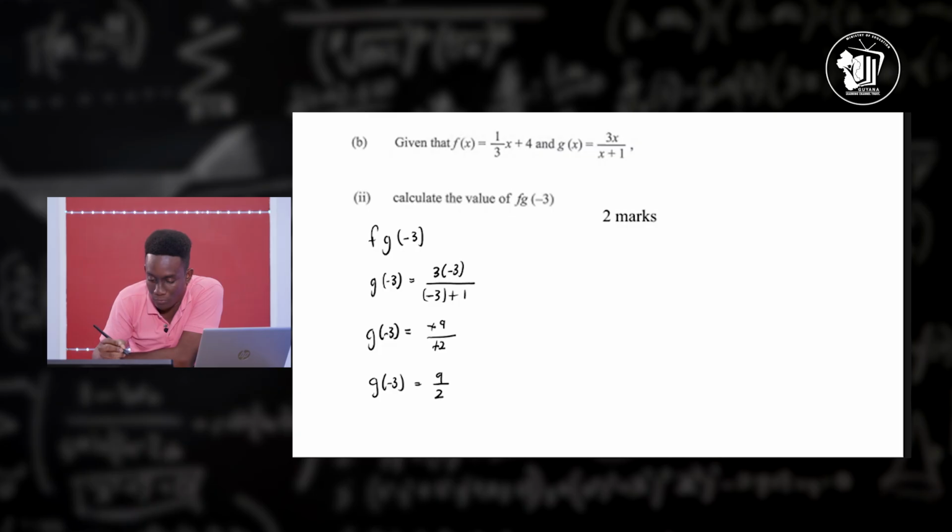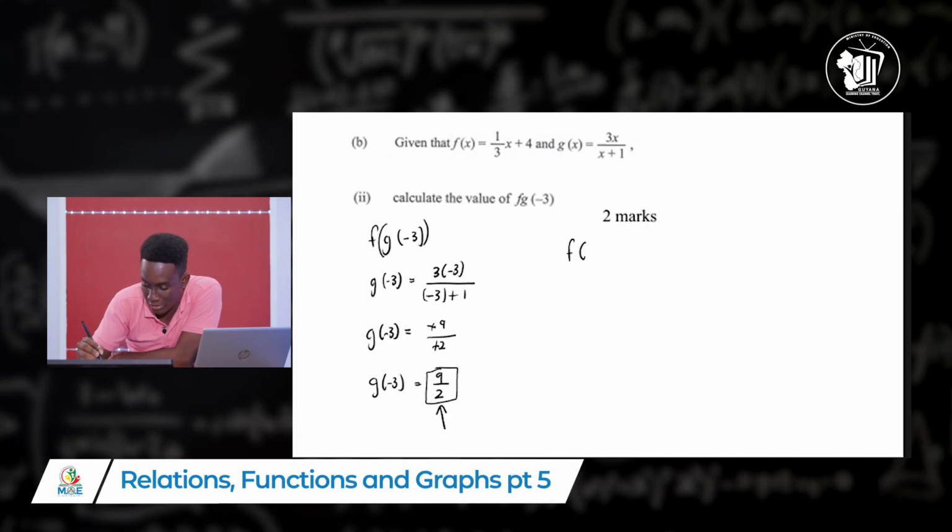Now that we have g of negative 3 being 9 over 2, we take this value and put it inside the f function. We have f of x, and x will be replaced with the g of negative 3 that we found. So instead of writing g of negative 3, we put 9 over 2.